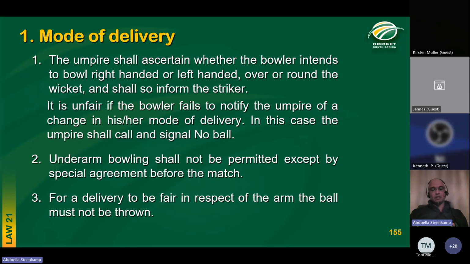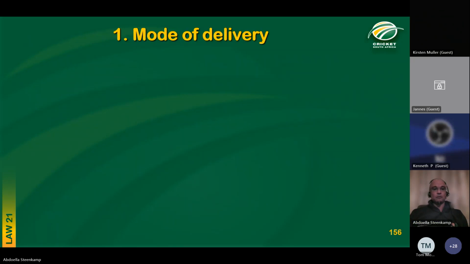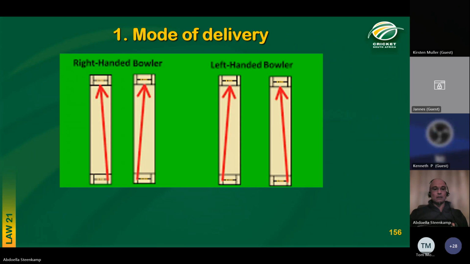For a delivery to be fair, the law wants the ball not to be thrown. So when it comes to the mode of delivery, the bowler needs to inform you which hand he or she is bowling, and also if the bowler is bowling over the wicket or around the wicket.